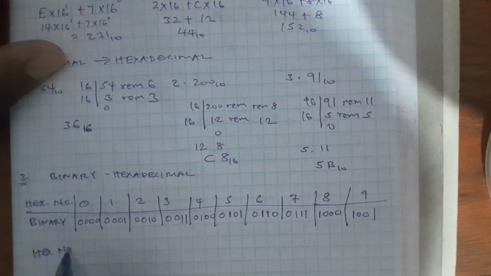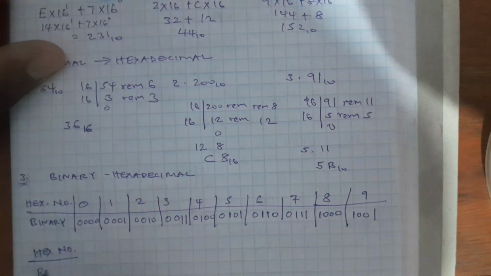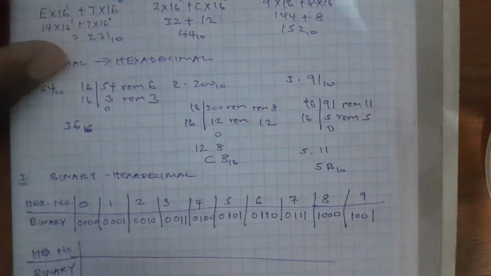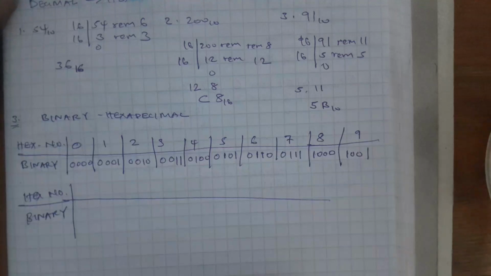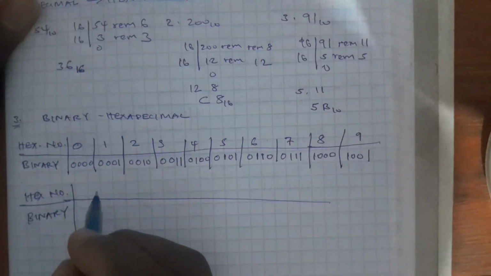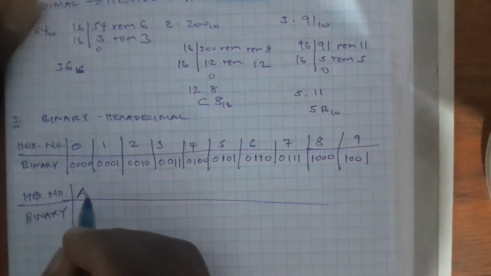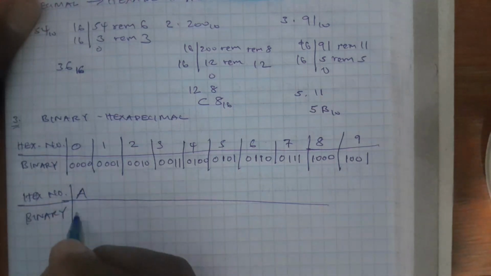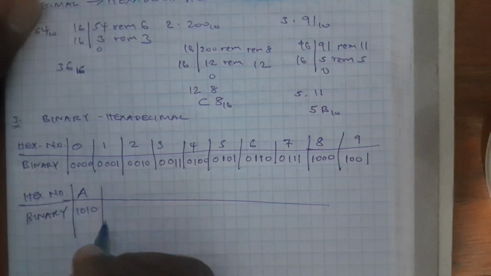Now we continue from 9 to A. A has a representation of 1, 0, 1, 0.